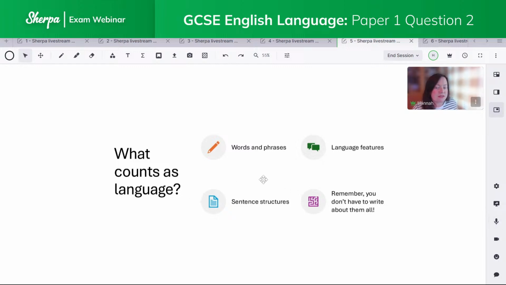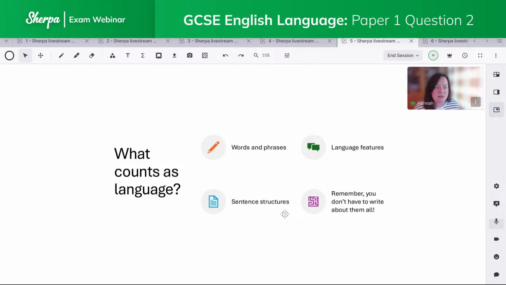Sentence structures, I would think these are a little bit more risky because there's not always as much to say about sentence structures. If you're not confident talking about sentence structures, I would recommend focusing on the first two. Sentence structures are things like, has the writer used a short sentence, a simple sentence, or a complex, long, rambling sentence, and why have they done that? The reason it's a little bit more risky is because you might get a little bit stuck actually talking about it in depth.